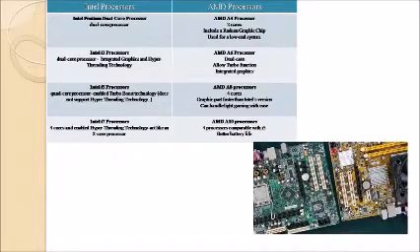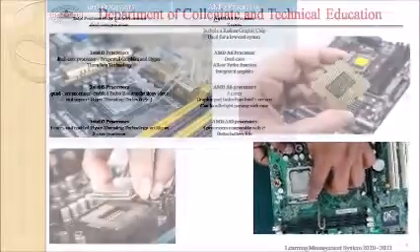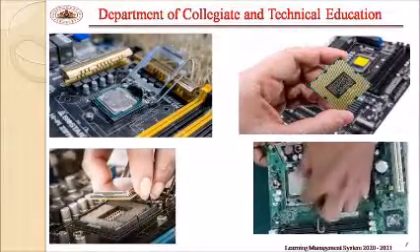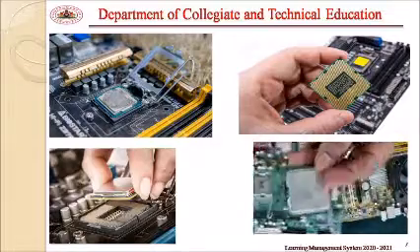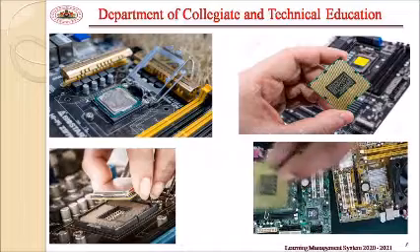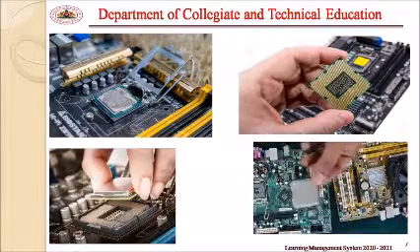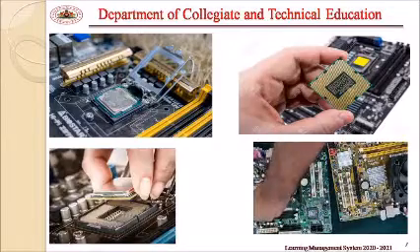In my case, in this motherboard, this is the CPU socket which holds the actual processor of the motherboard. This is the simple chip. It is also called a microprocessor, and you can see the processor on this motherboard.